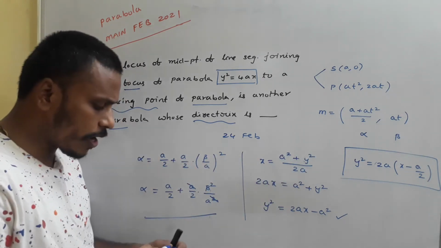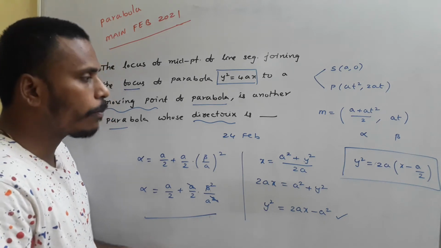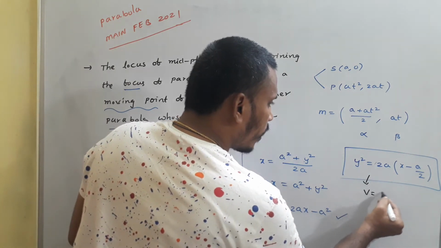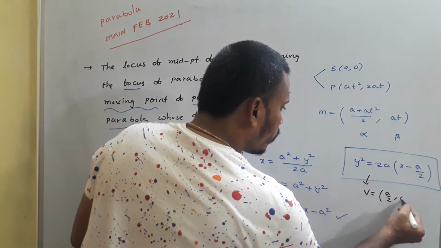Again it is of the standard form. What is the vertex of this? Its vertex is (a/2, 0).